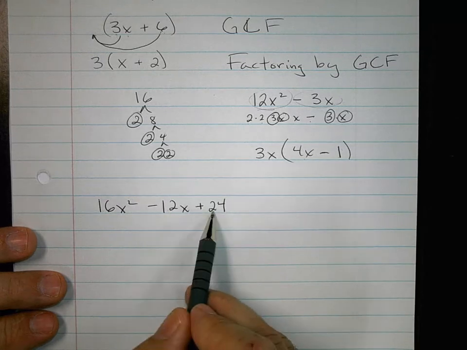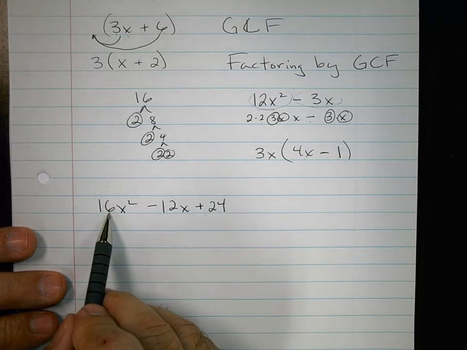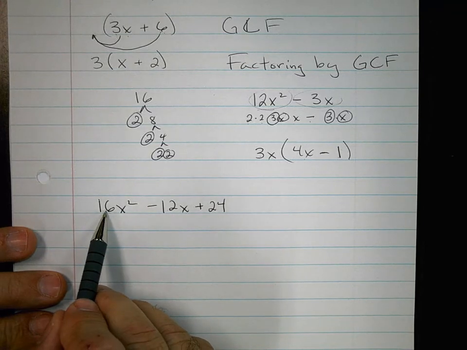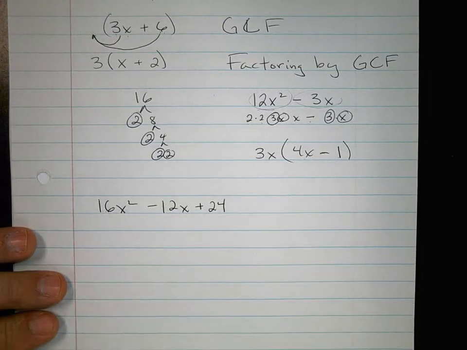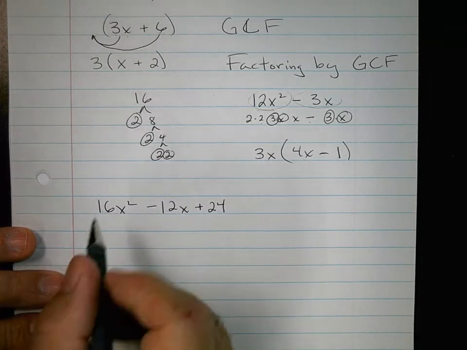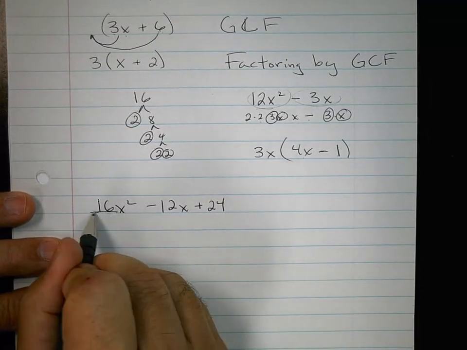Well, you say, well, these guys, we could take a 12 out of these guys. Well, 16 doesn't have 12 to give up. We could take an 8 out of these two guys, but 12 doesn't have an 8 to give up. But you know what they all can afford to give up? They can all afford to give up a 4. Okay, so I'm going to take a 4 from each of them.